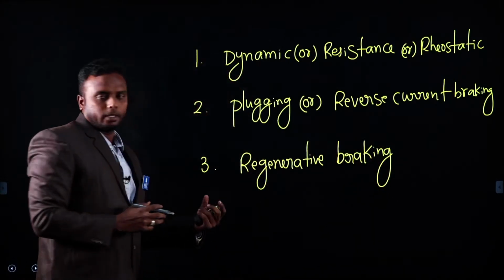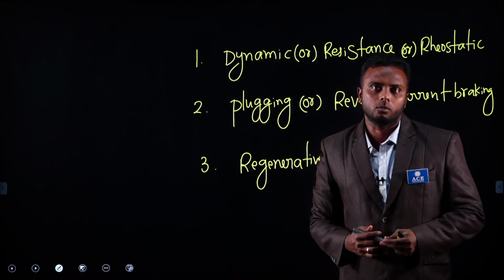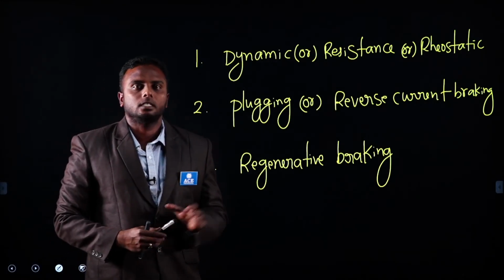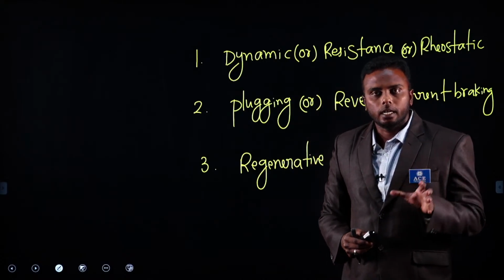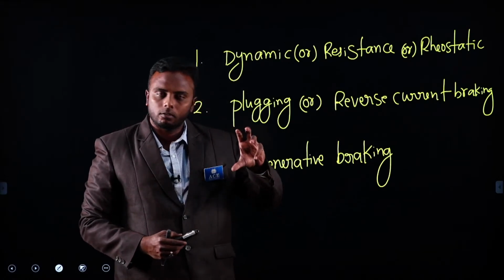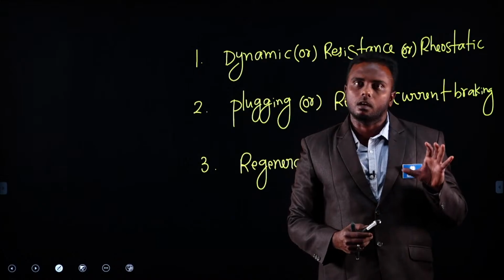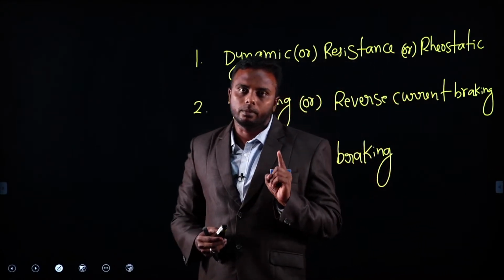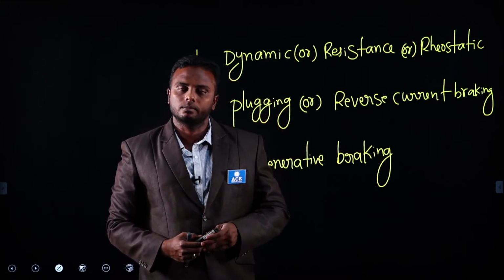From braking we can expect one question regularly in competitive examinations like state electricity boards. Now, in all these braking methods, what is the main criterion we need to apply? Generally under running condition of motors, what is the direction of torque? Suppose the torque direction is clockwise. In which direction does the motor rotate? Clockwise only. But if you want to apply electrical brake, we need to reverse the torque in the motor.